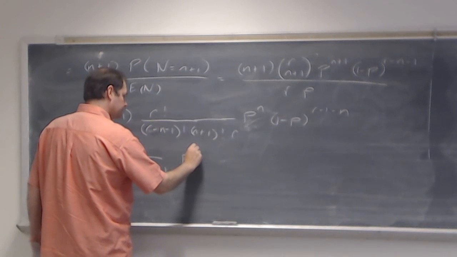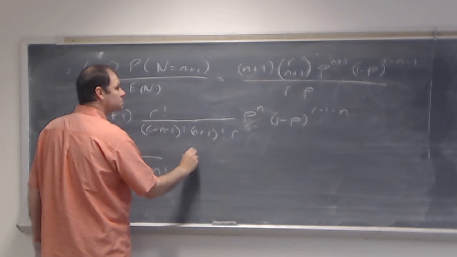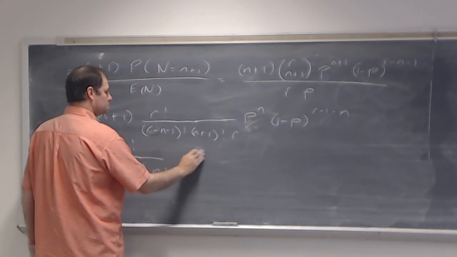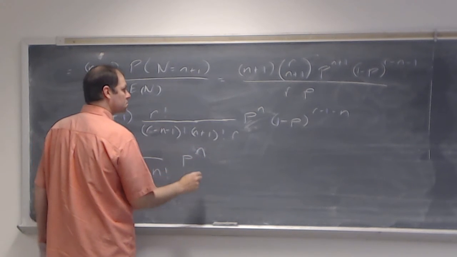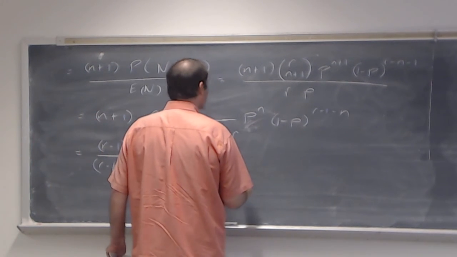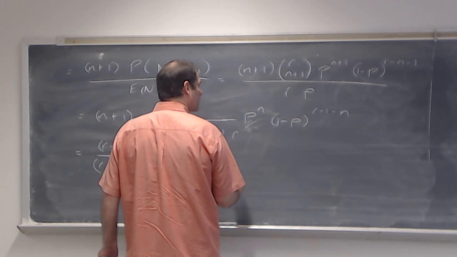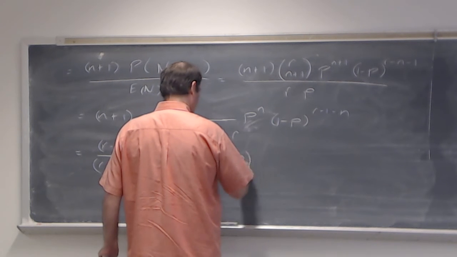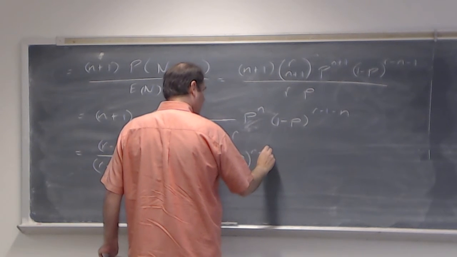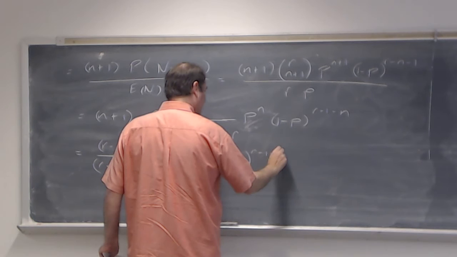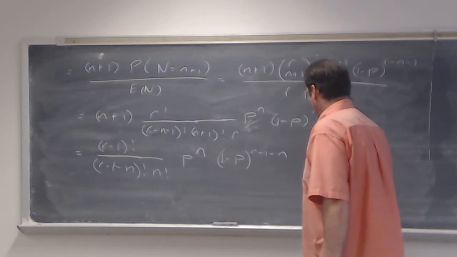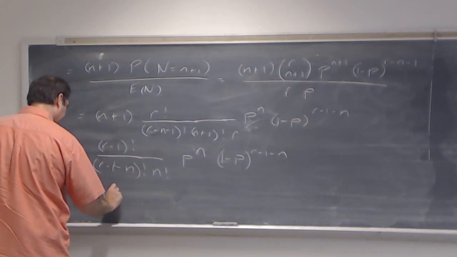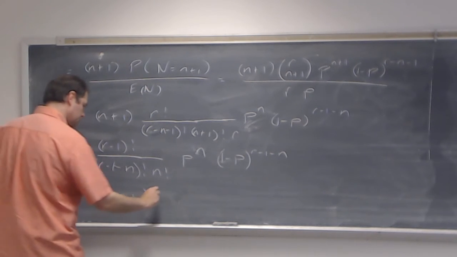This is P to the n, 1 minus P to the R minus 1 minus n. So what we have is the probability that M minus 1 equals n.